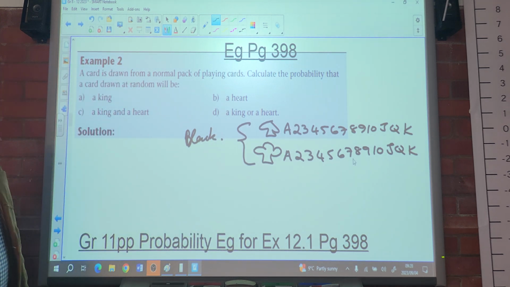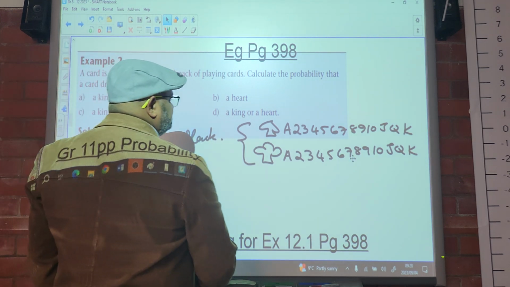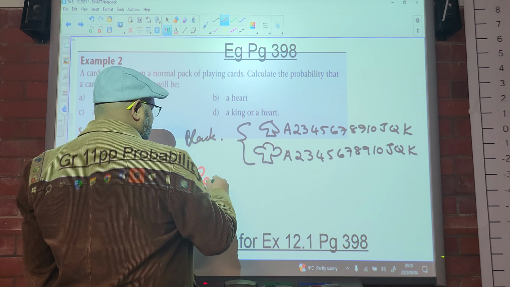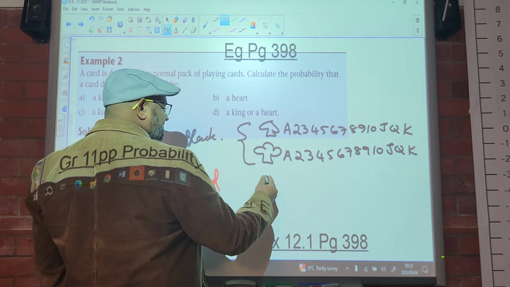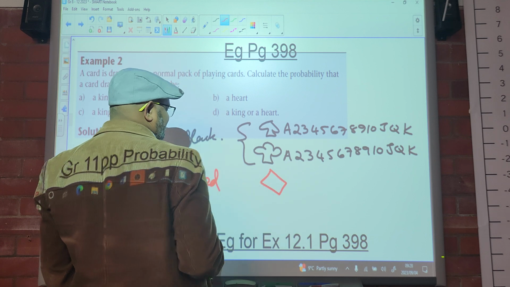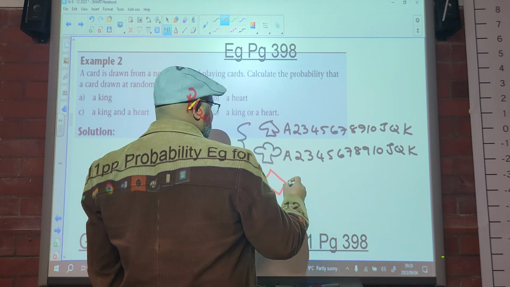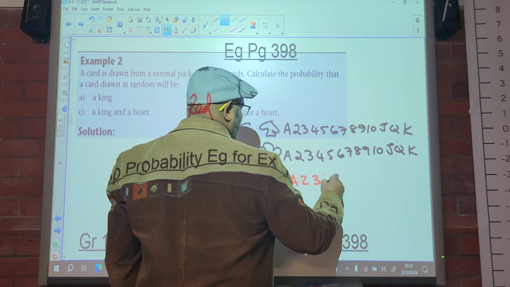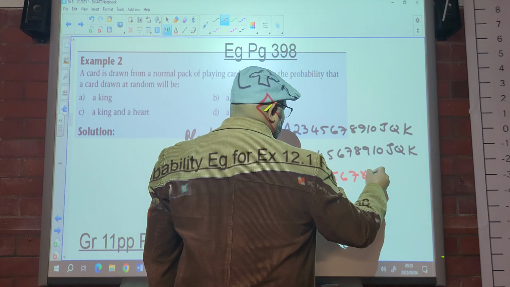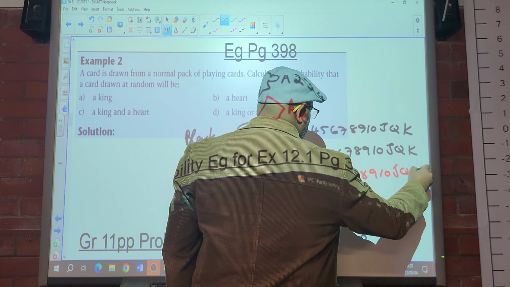The black suit. Then of course, we have the red suits. The diamonds. So you get the ace of diamonds, 2, 3, 4, 5, 6, 7, 8, 9, 10, jack, queen, king.